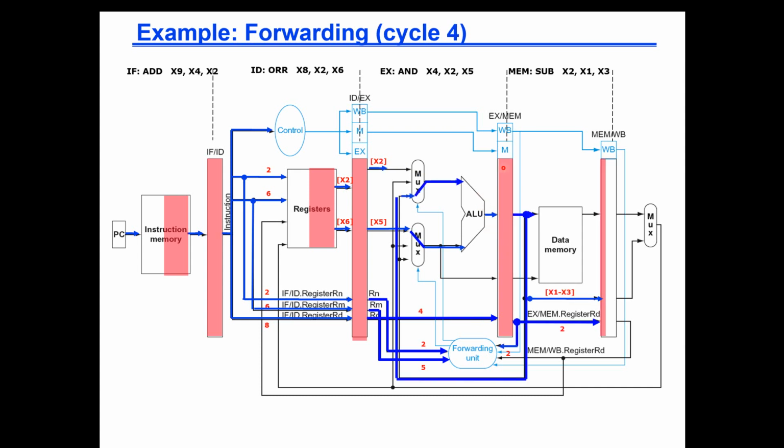So here we are. So we detect the hazard and forward that value to the ALU to execute this instruction with the right value of register 2.